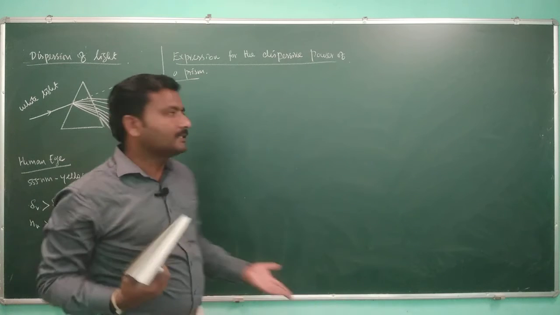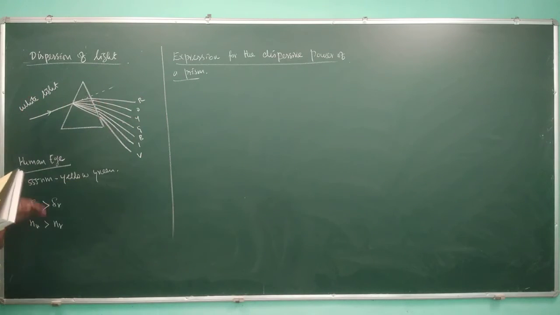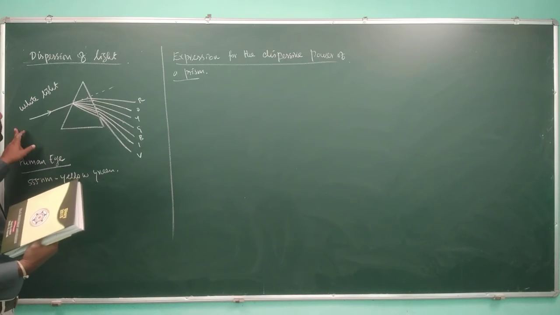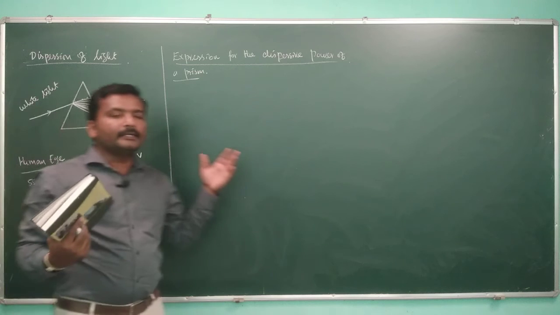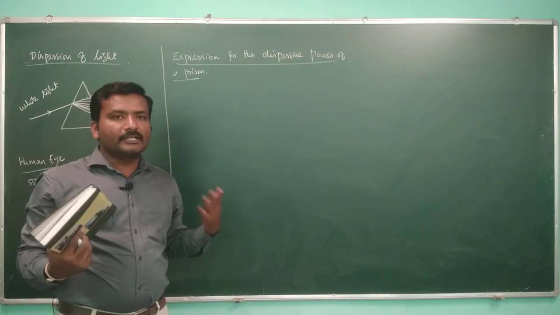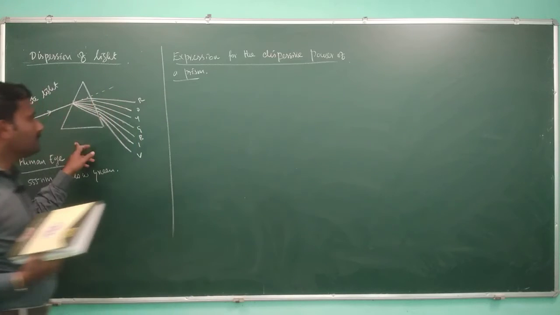That is refraction. And dispersion is the splitting up of white light into its constituent colors when it is passing through a dispersive medium such as a prism.